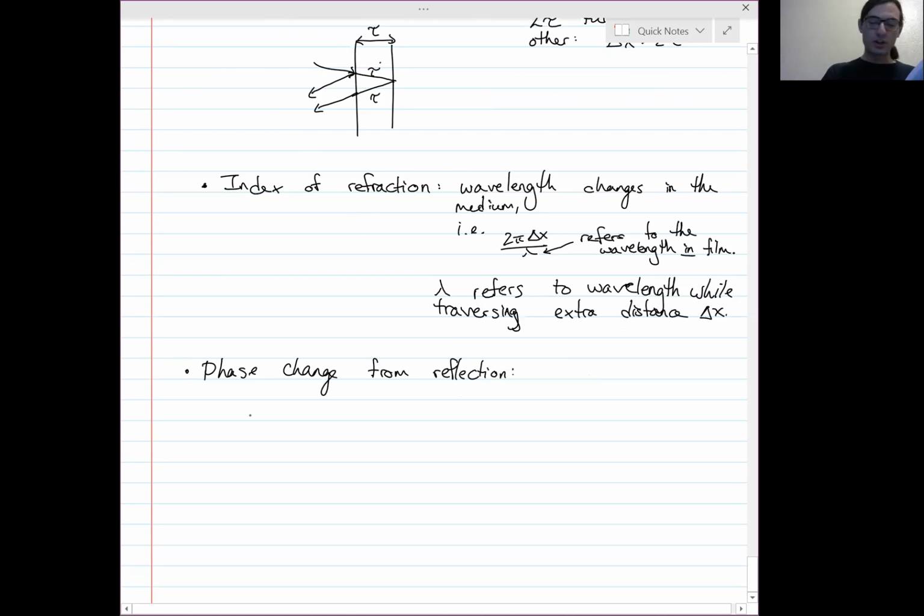So here's one of my famous recall moments. When a wave reflects, let me try to draw this, see if I can draw this well. Well, there it is. When a wave reflects off a slower medium, i.e. it's going from fast to slow, the reflection is inverted.